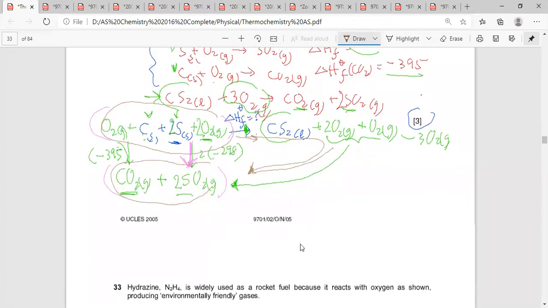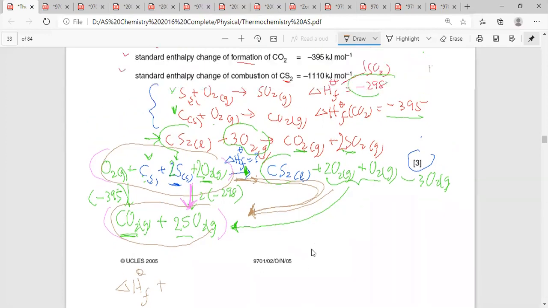Okay, let's start with this route first. So it's delta H formation plus what? Plus this one here. Now here, of course, I forgot to put down the value here. This one is delta H of the combustion. Then quickly down here, minus 1110. So here is what?